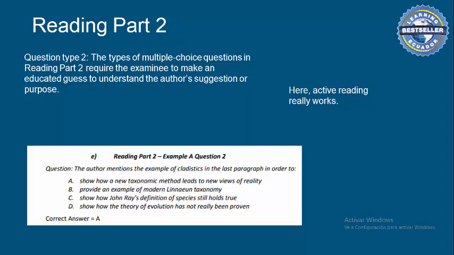And it says, the author mentions the example of cladistics in the last paragraph in order to... So you're looking here at intentions, the author's purpose for saying this. So here, active reading really works. This is where you have to apply the active reading skills that we're going to take a look at in a little bit more detail further on. Okay? So, let's continue.